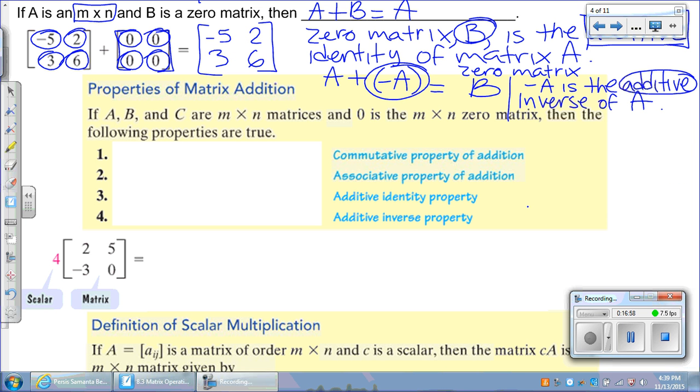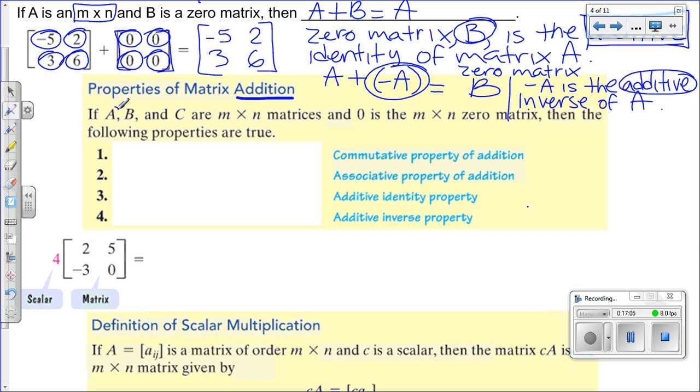Now let's go over some properties of matrix addition. So we have matrices A, B, and C. Remember, matrices are denoted with capital letters. And we are going to assume that they all have the same dimensions, because that is the only way that we can add them or subtract them. We also have the 0 matrix, and it has the same dimensions as matrix A, B, and C. So we're going to define 4 properties.